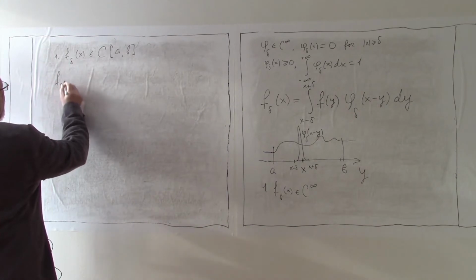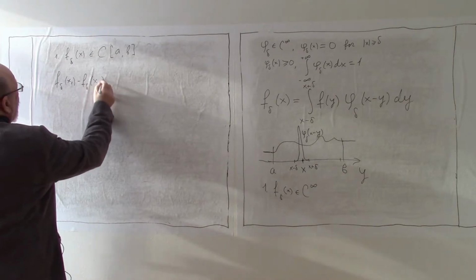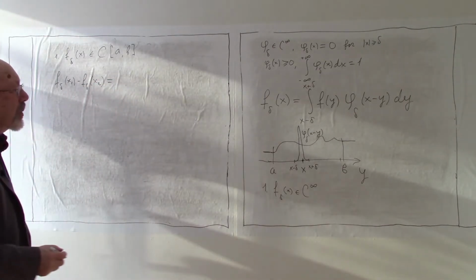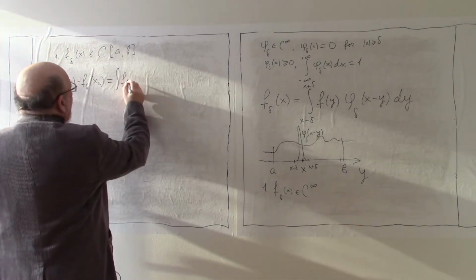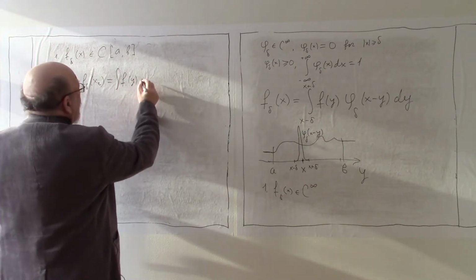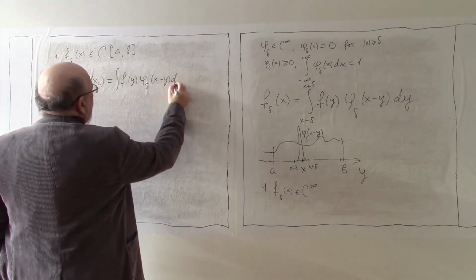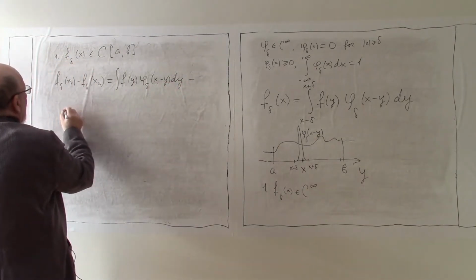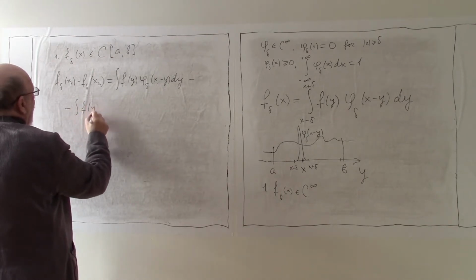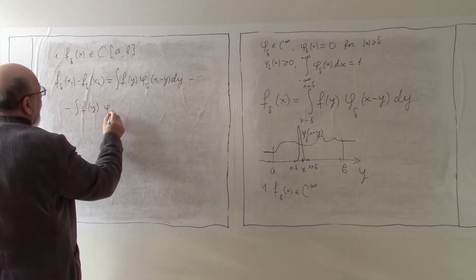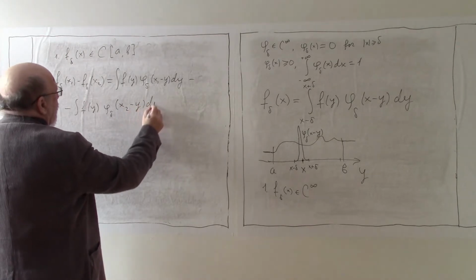So f delta of x1 minus f delta of x2 equals the integral of f of y phi delta of x1 minus y dy minus the integral of f of y phi delta of x2 minus y dy.